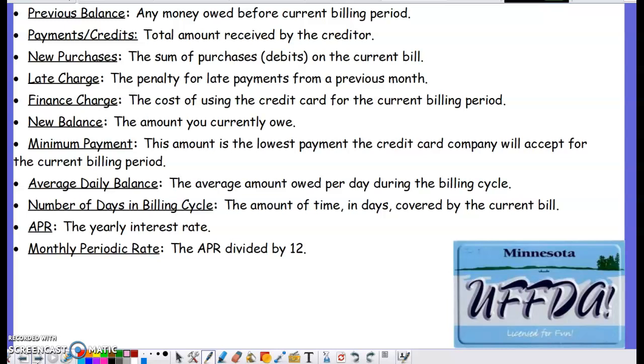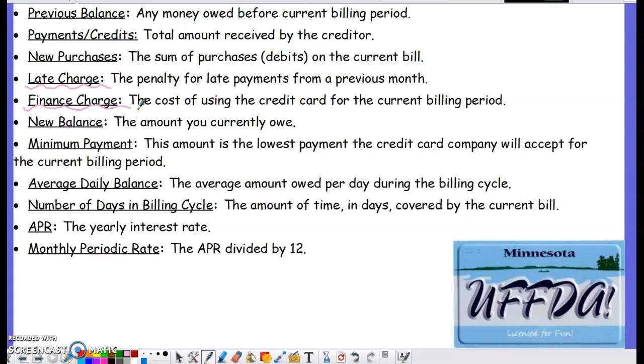There's going to be a spot for late charge. If I didn't pay off my bill on time, there's going to be a finance charge. So again, the finance charge only happens if you do not pay off your credit card bill at the end of whatever that billing cycle is. So if I carry over my balance, then I'm going to have to pay a finance charge.